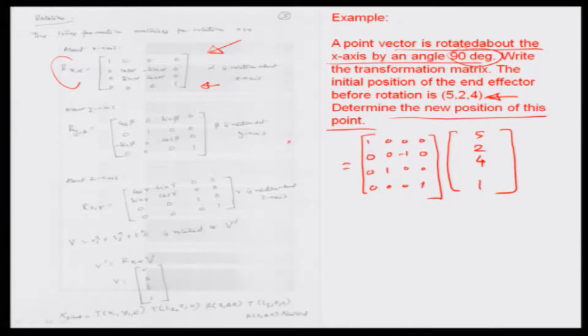So, that becomes the final point of the end effector after the rotation has been executed. This is cos of alpha, cos of 90 degrees, sine of 90 degrees, and again sine of 90 degrees and cos of 90 degrees.